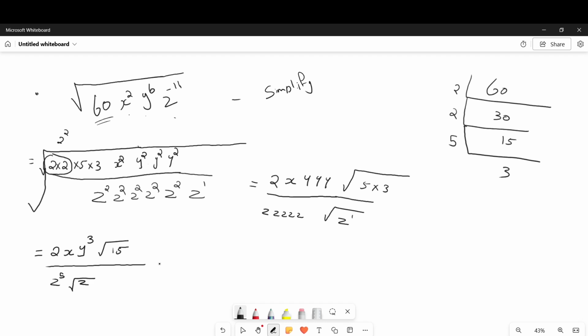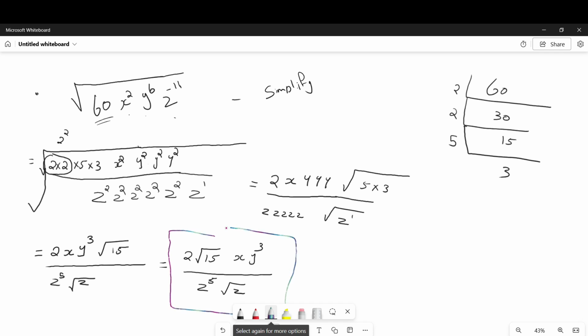Normally there's a number here and a radical symbol here, so we need to put them together. That's the most commonly used way to write the simplified term. So root 2 root 15, x y cubed divided by z to the 5 root of z. This is the simplified form of that radical expression.